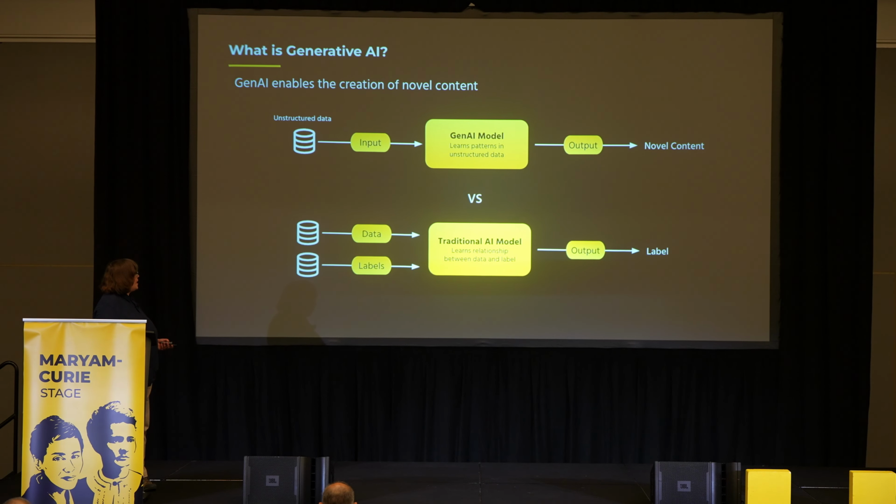The newer GenAI models are a little bit different in that generally you're starting with a pre-trained model and inputting unstructured data such as images and NLP data, which produces a novel output.